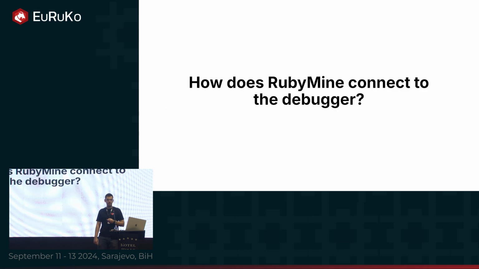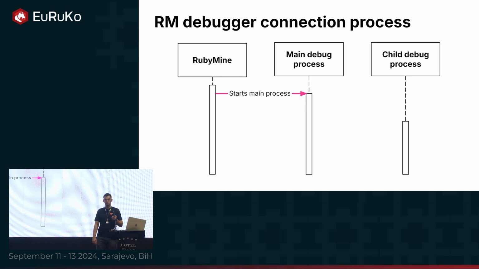Another aspect of RubyMine Debugger is the question, how does RubyMine connect to the debugger? Suppose we need to debug multi-process Ruby application. And this Ruby application has 2 processes, the main process and the child process. First, RubyMine starts the main process, and after that, it connects using default port to the main process.